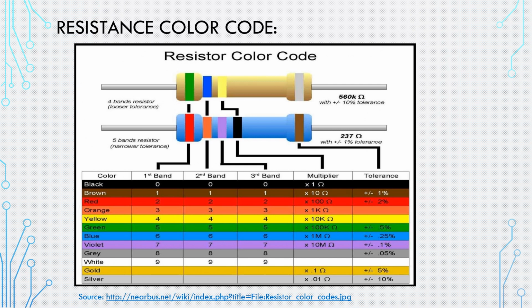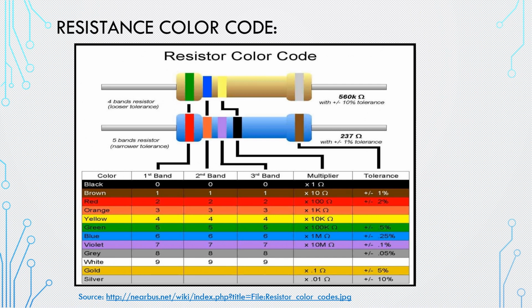Since it is a 4-color resistor, I'm not using this column, and I go directly to the multiplier for the third color. If it is yellow, it means I multiply the value by 10k ohm, which is 10,000. So multiply by 10k ohm.